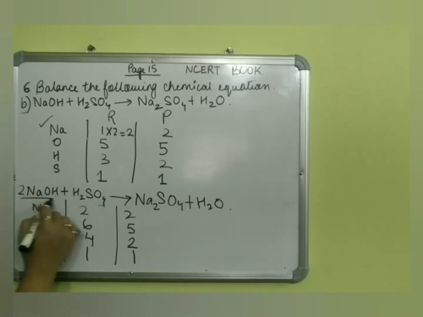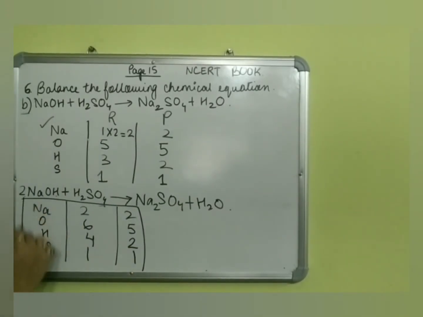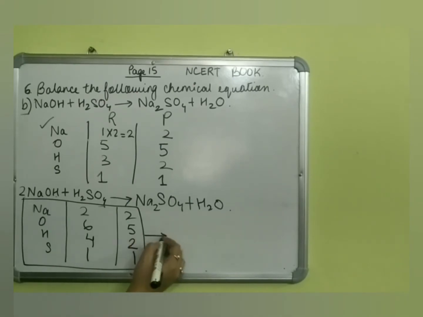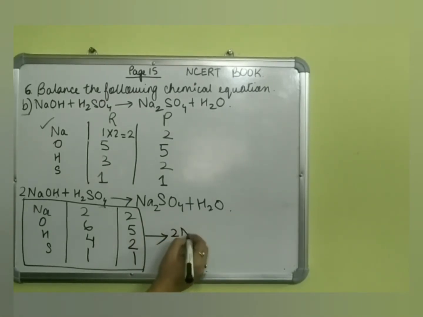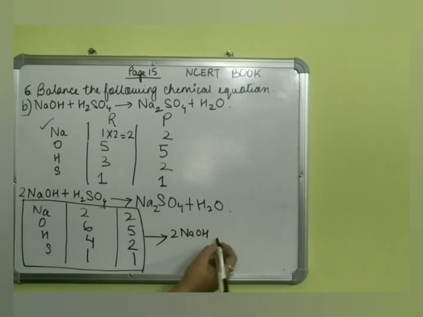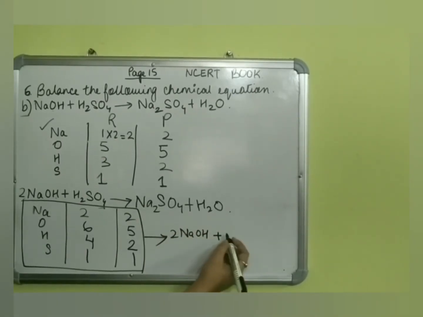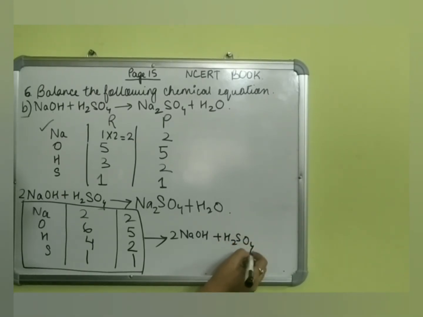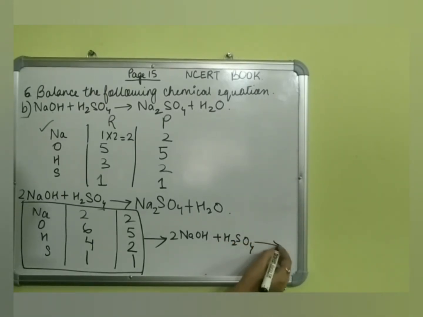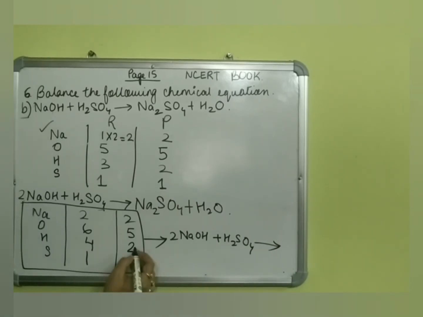Now from these we will form another equation. To form another equation, let's do one thing: 2NaOH plus H2SO4, and what it will give us we will not write now. Let's calculate.